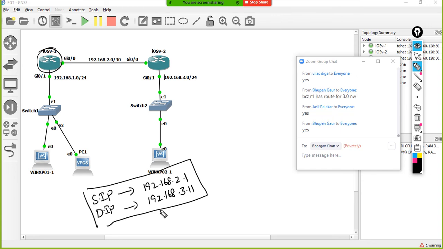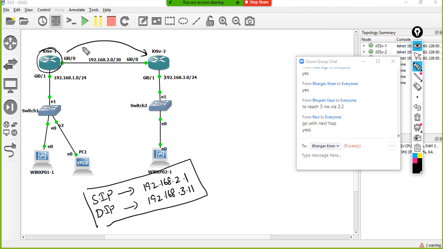Say yes or no, everybody. Right. So what is that route saying? If you want to go and meet the 192.168.3 network, just go to 2.2, right? Right or wrong, guys? Then that is your first step.